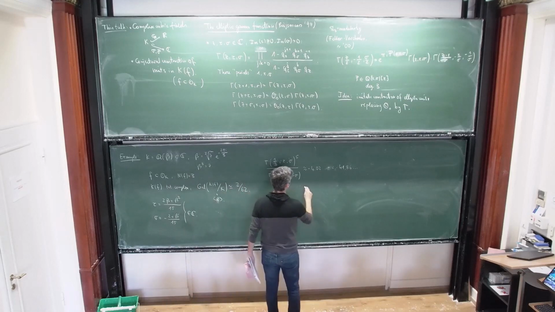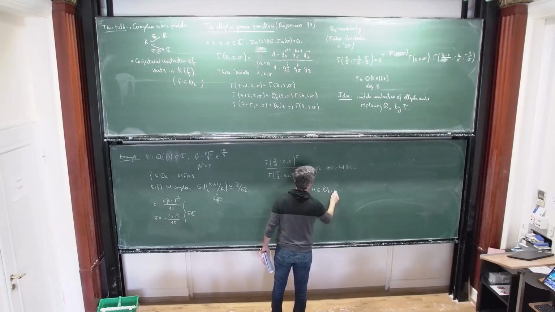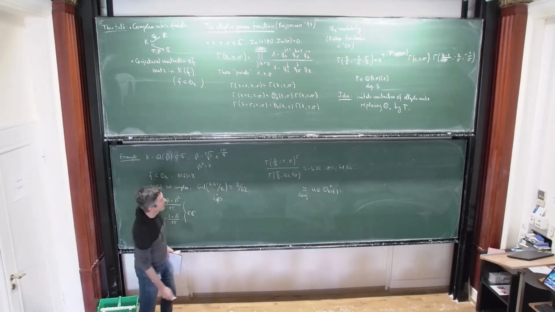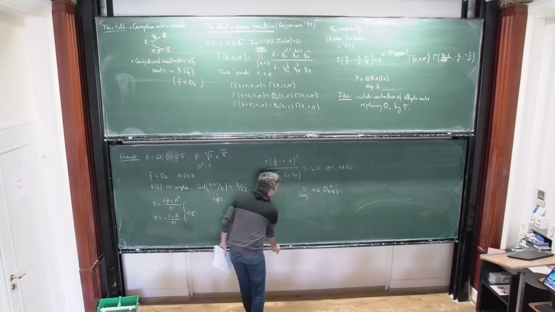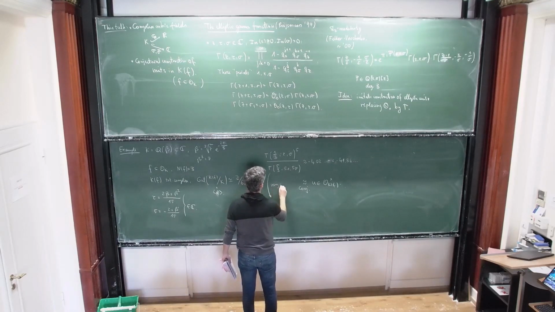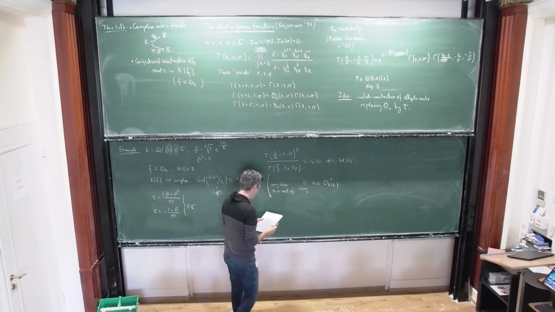So the conjecture is that this is a unit in K_F star. In fact, this number is very close to a root of the following polynomial.